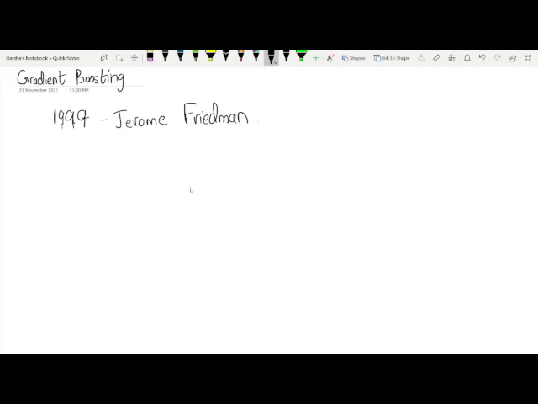You'll find his paper. It's called Greedy Function Approximation: A Gradient Boosting Machine. And this was the paper where gradient boosting was first introduced. I'll go over how gradient boosting differs from the general boosting framework, and hopefully by the end of the video you'll understand why the term gradient is coming into the picture.